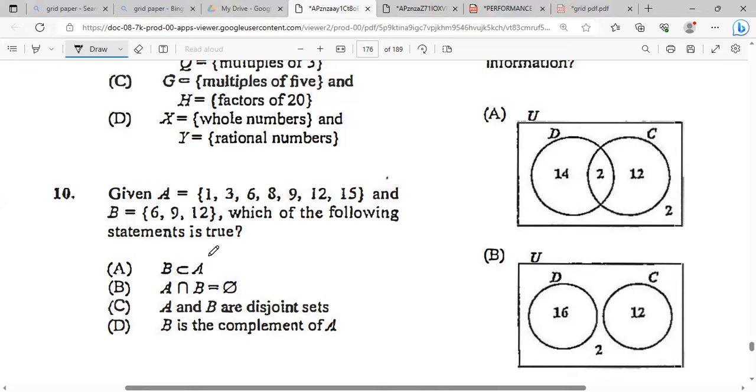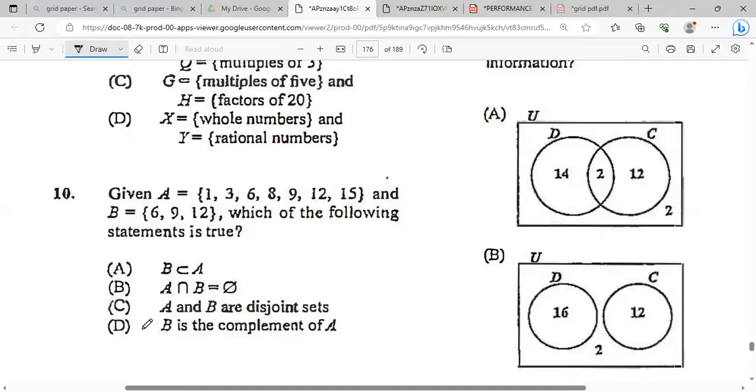That is a lie. A contains B. I'm going to say A intersect B is an empty set. No. A intersect B is B. So B should be here. That's incorrect. A and B are disjoint sets. That is not correct since you have elements that are common. 6, 9, and 12 are common to both.